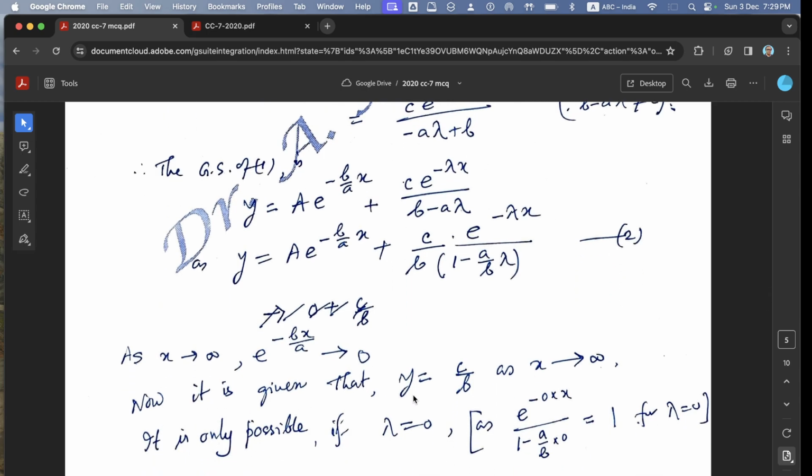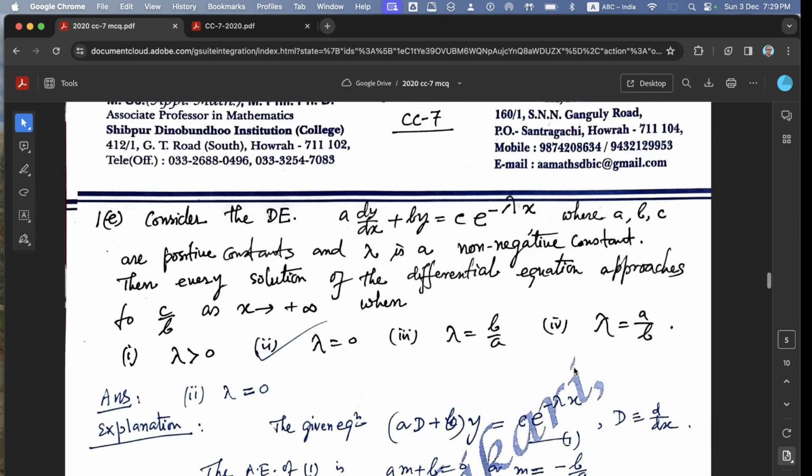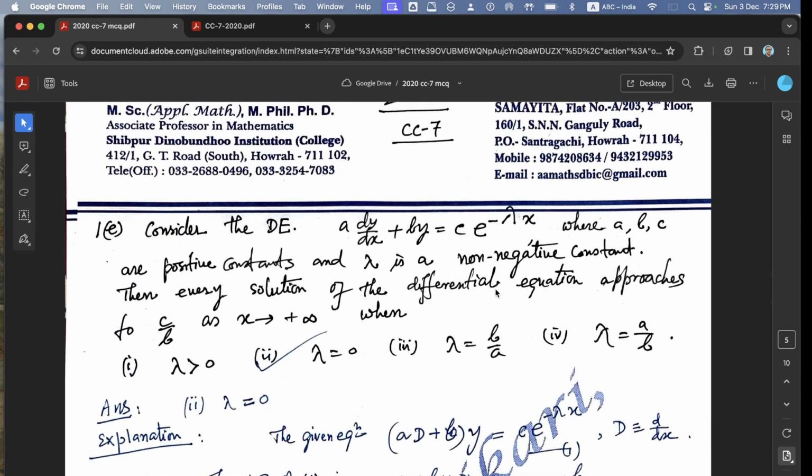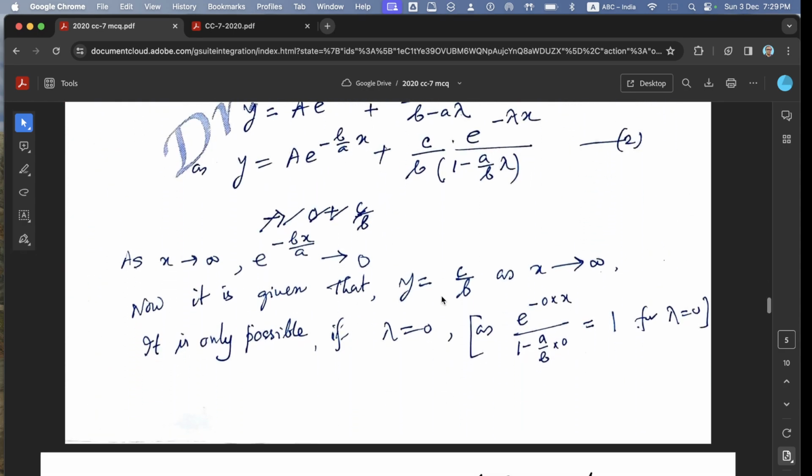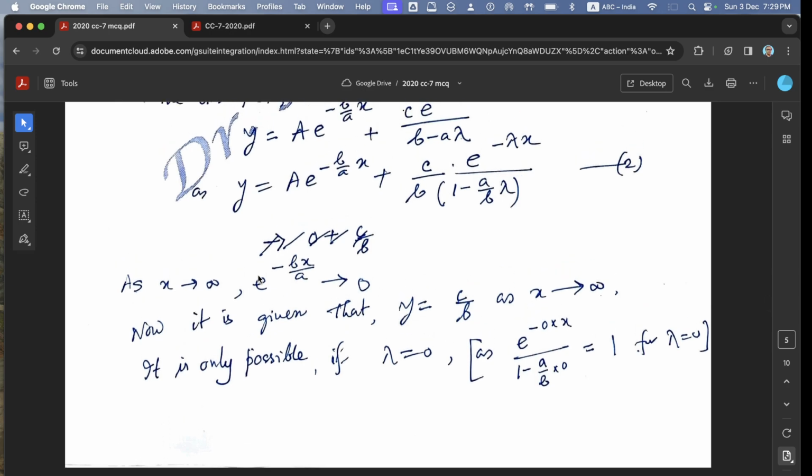Now it is given that y = c/b as x tends to infinity. Every solution approaches c/b as x tends to plus infinity. So when x tends to infinity, the first part is 0, and for the second part, this should be c/b. This is only possible if λ = 0.